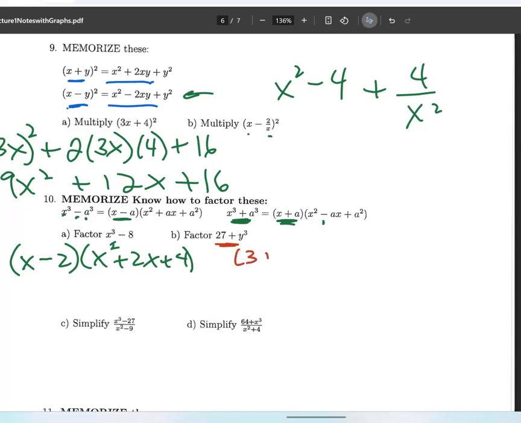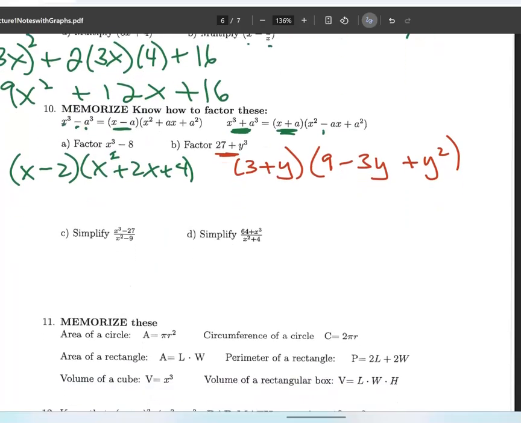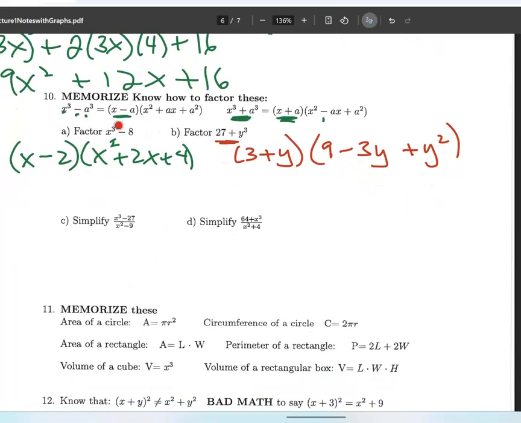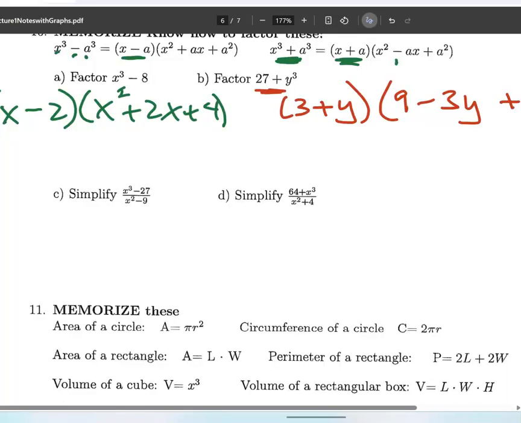You still get a 3 plus a y, and then I would have a 3 squared, which is a 9, minus 3y, I'm thinking it, but I didn't write it, and then plus a y squared. So this is going to be important and useful as we move forward to simplifying.